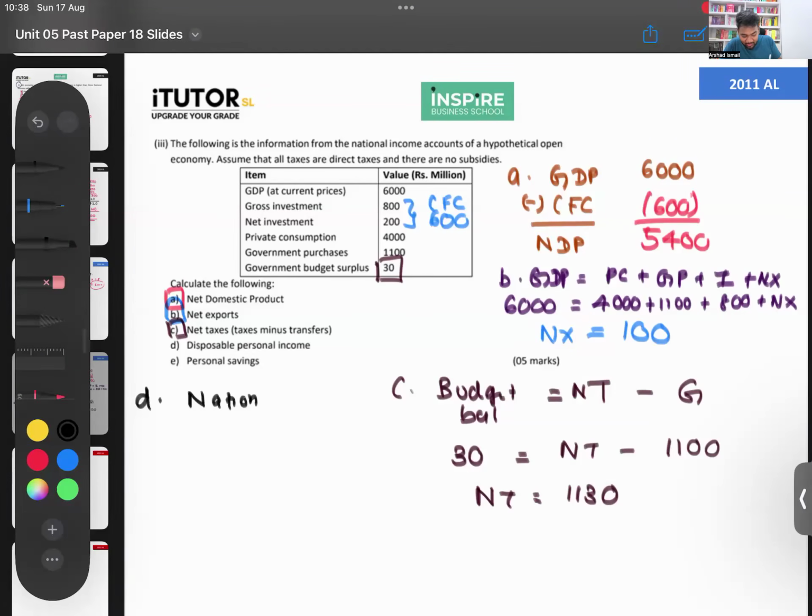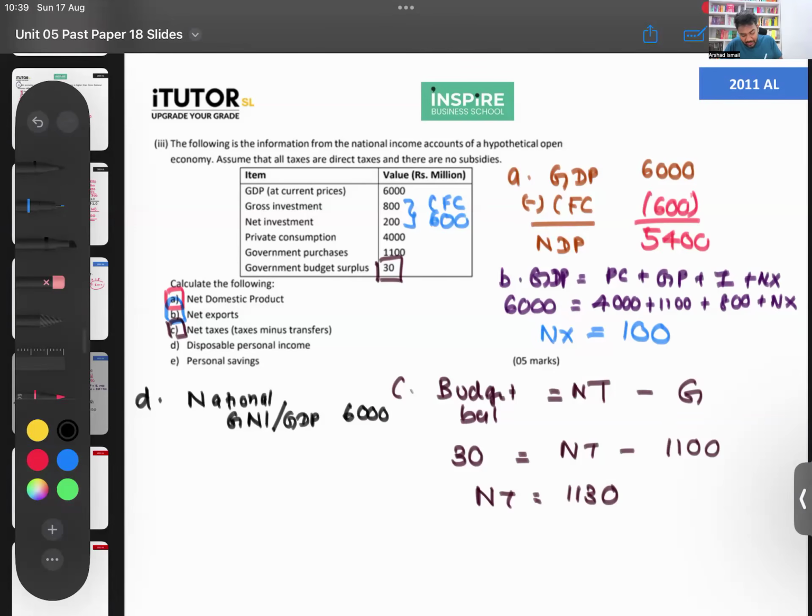My national income, you have to take GNI. Have they given us GNI? Net primary income, anything added there? No GNI. If there is no GNI, what can you take as national income? You can take GDP as national income if GNI is not there. So how much is my GDP then? You can take GDP. So then that is 6,000.